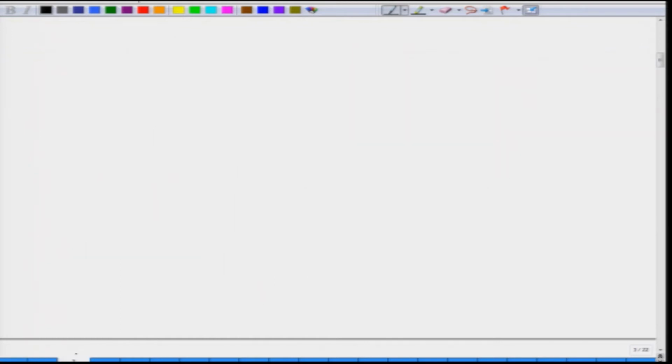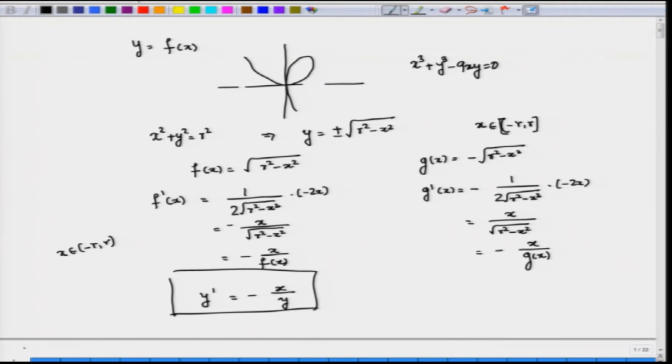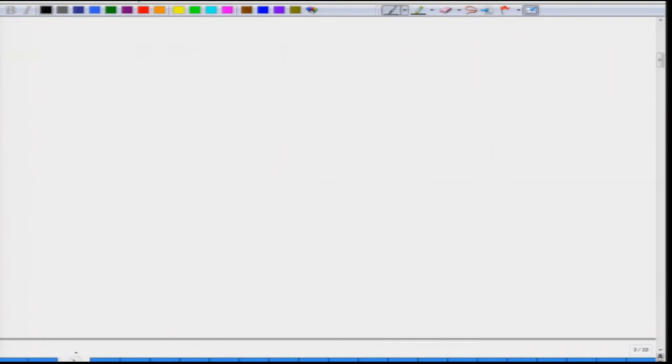Now we can solve this even without explicitly writing y in terms of x. How? I have x square plus y square is equal to r square.